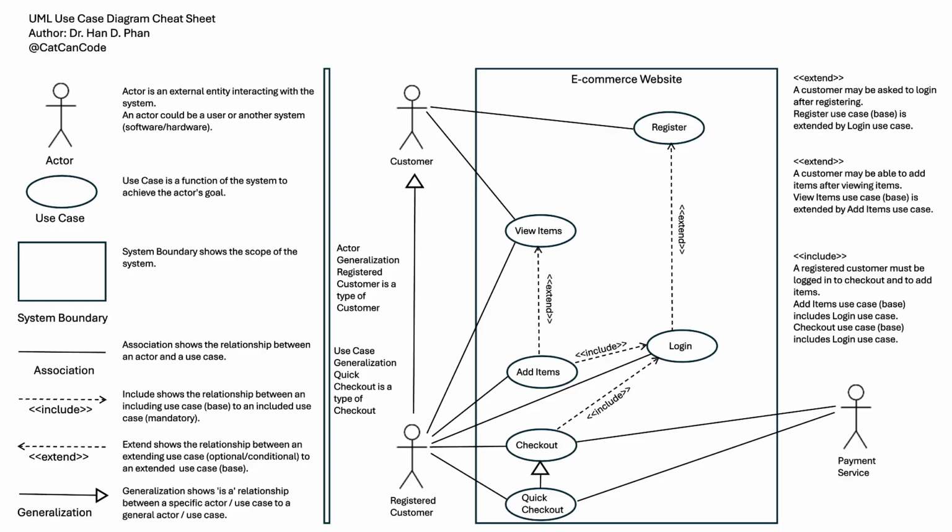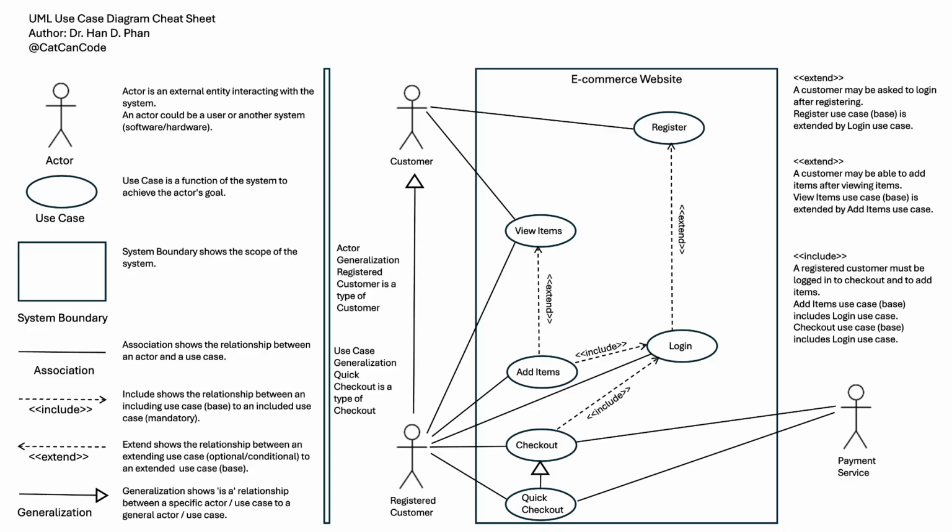The extending use case is optional or conditional and is only executed if some condition is triggered, or it doesn't have to be executed at all. The final relationship is generalization. Generalization shows the "is a" relationship between a specific actor or use case to a general actor or use case.